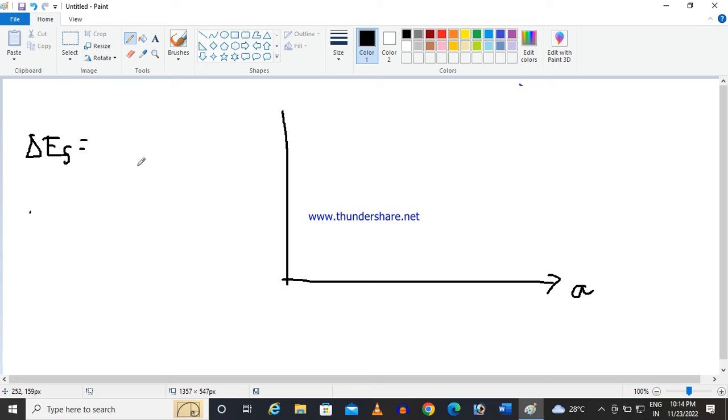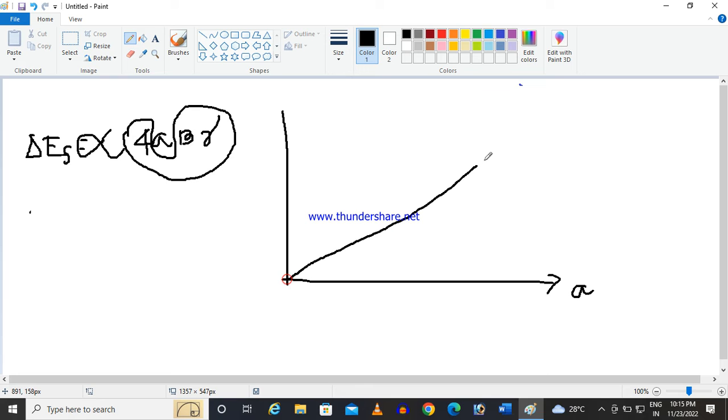So this 4AB is the crack length and breadth of the plate. So that is constant. So basically this delta ES is proportional to 4AB and gamma. So these quantities are constant, then this ES is proportional to A. So it is a positive slope, so you will get one curve like this, which is delta ES.